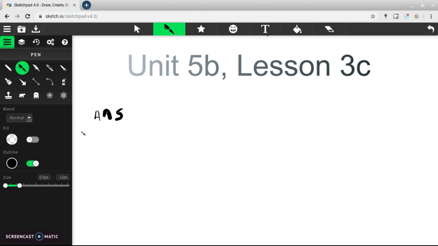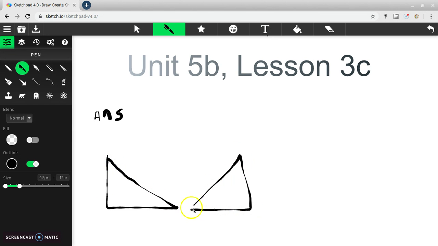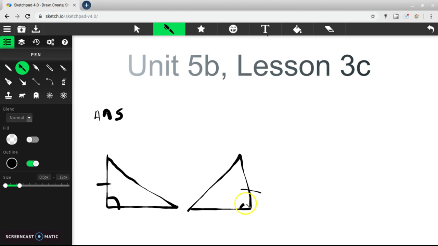Here's what that looks like. We have two triangles. Let's just say we have one there, and then another one like this here. We have these sides that are congruent, but the angles aren't going to be outside of it. The side's not going to be included. So these are congruent.